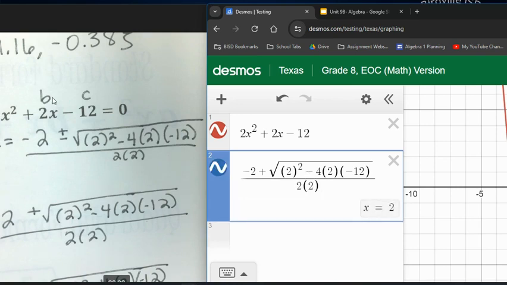No, you can do it. Don't forget the square right there. An arrow again.